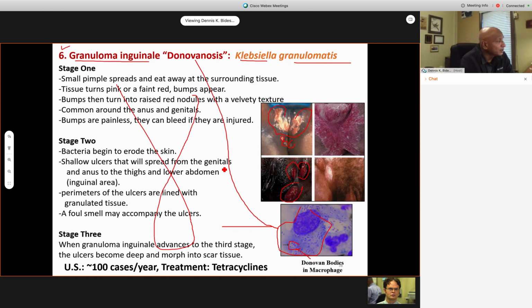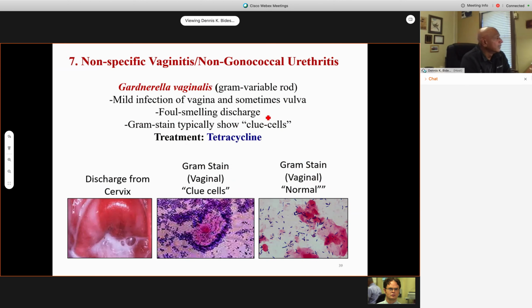This is in a macrophage. So again, another name for this disease is Donovanosis. This is named after the guy who actually described this, all right? So again, granuloma inguinale, very rare in the United States. It's caused by Klebsiella granulomatis. Another name for the disease, it's Donovanosis. Is it widespread? No, not in this country. You see fewer than 100 cases per year, all right?